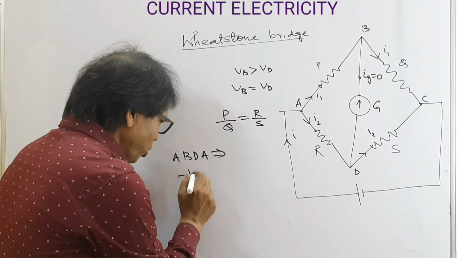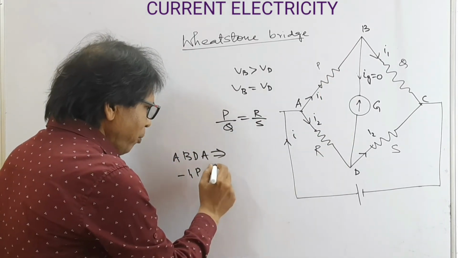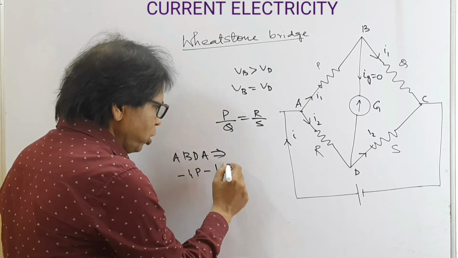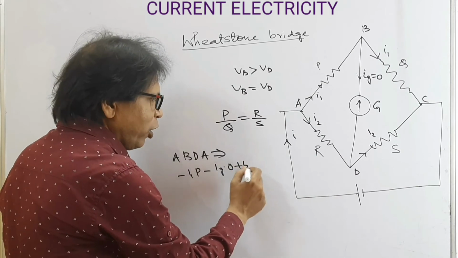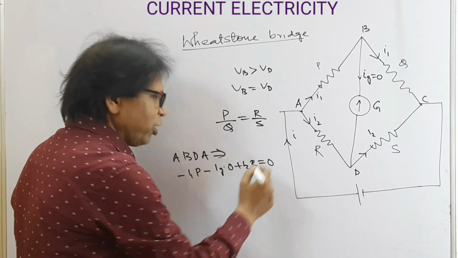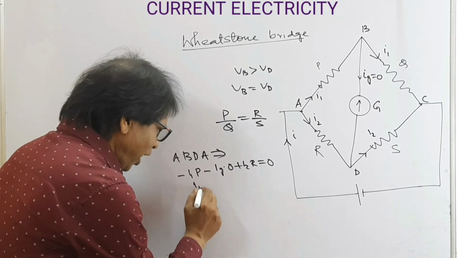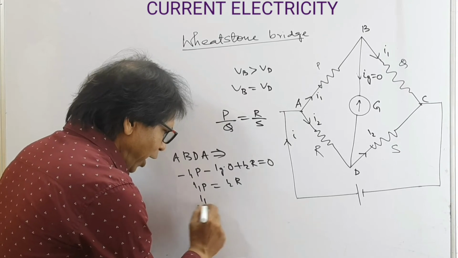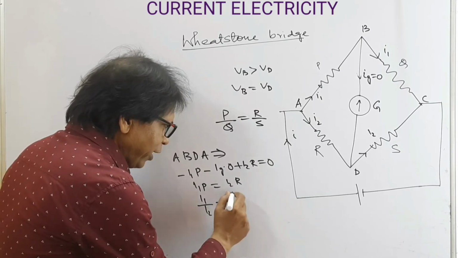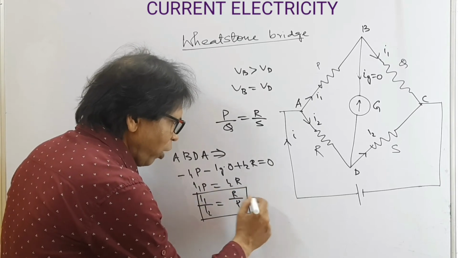So minus I1 into P. Now minus Ig into 0, and this is opposite to the direction of current, so plus I2 into R equals 0. Okay, understood? Now I1P equals I2R. So I1 by I2 is R by P. This is equation number 1.